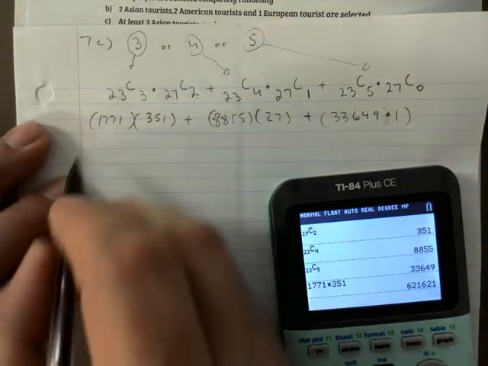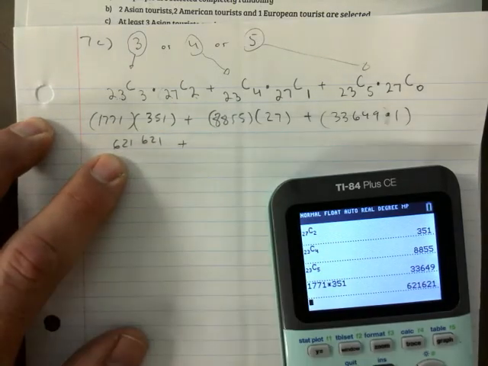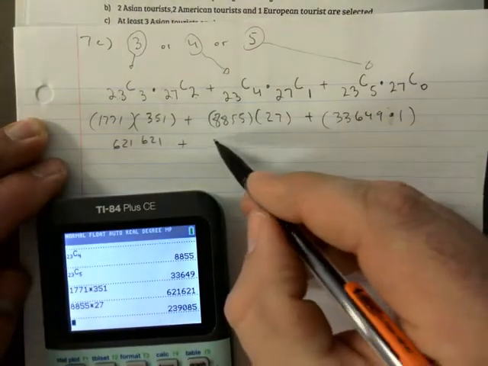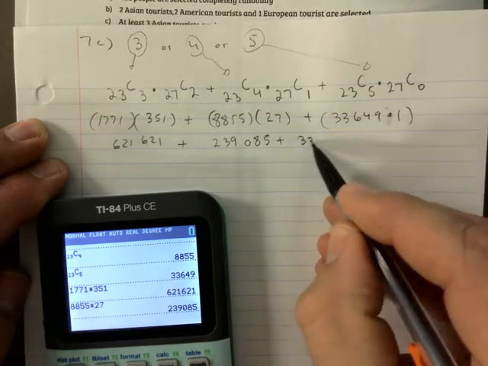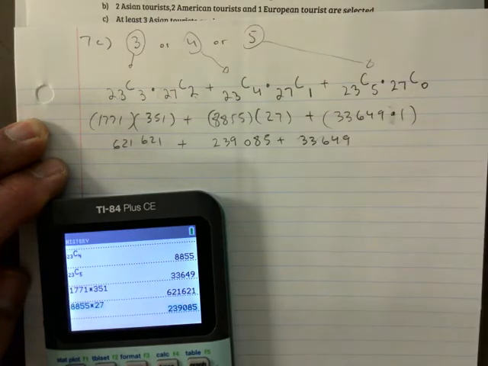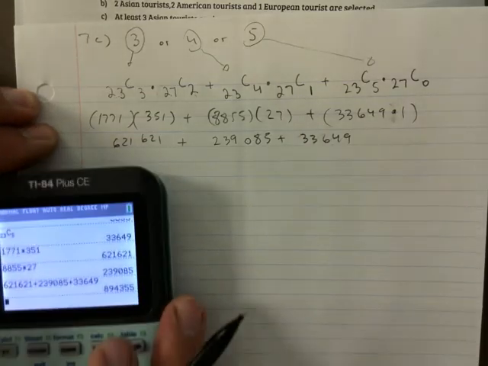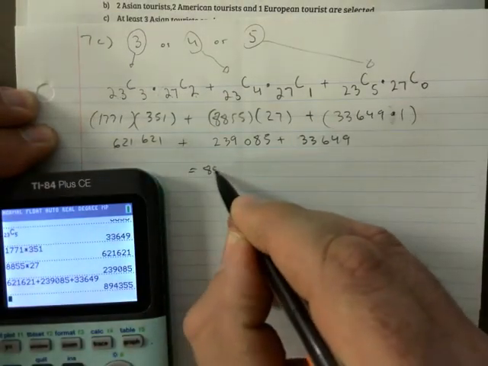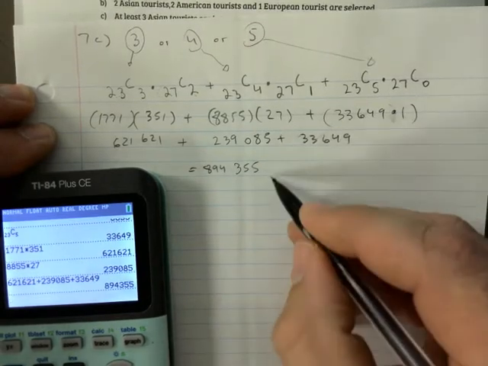I'm just going to multiply these two. 621, 621, 8855 times 27 is 239,085, plus 33,649. That's a grand total of 894,355. Hey, it matches my answer.